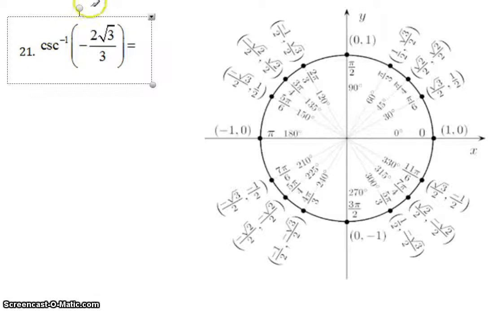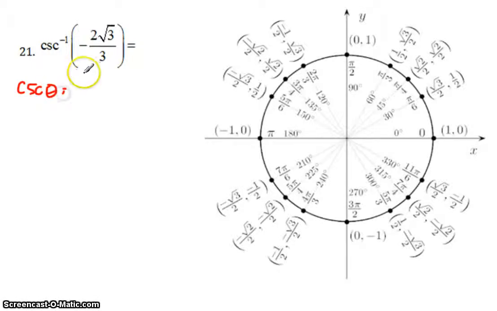Okay, next one, cosecant. Well, before I do anything, cosecant is the reciprocal of sine. That means cosecant is going to equal 1 over sine. All this means is that I'm going to flip this.